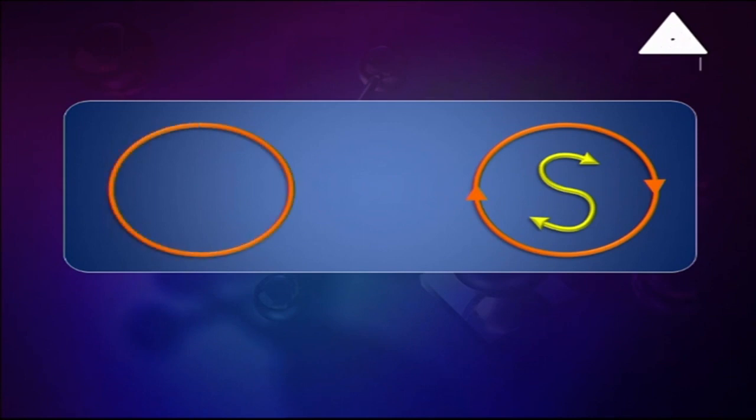The easiest way: when the current flows in the coil, you look at a certain face, and if the current flows in a clockwise direction, it will act as a south pole. If it flows in an anti-clockwise direction, it will act as a north pole.